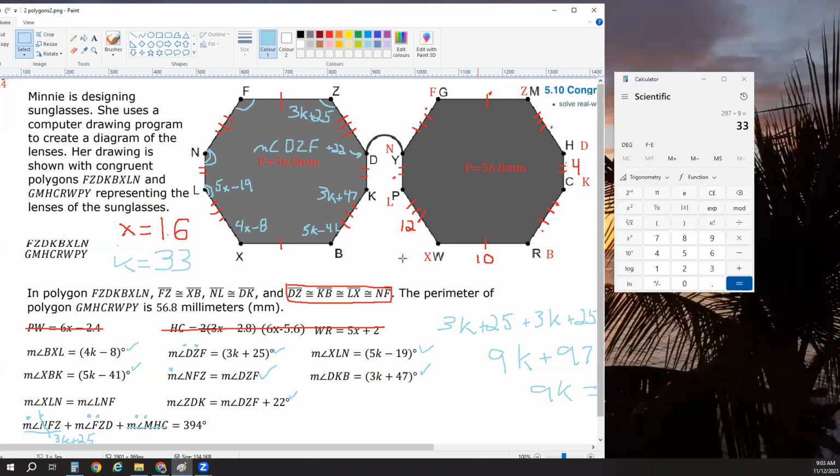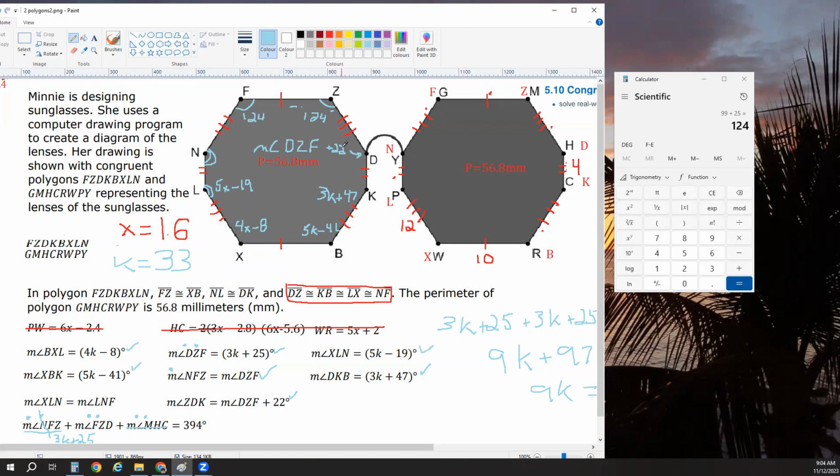Now I'm going to put in everything that I know right here and start plopping in 33 for the Ks. So we have 33 times 3 plus 25. So these are 124s. This is now 124.